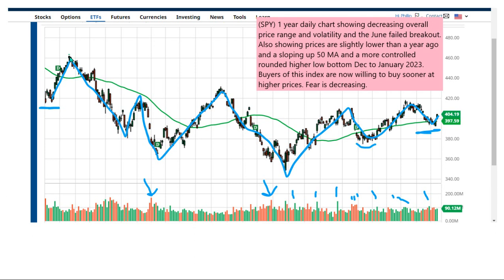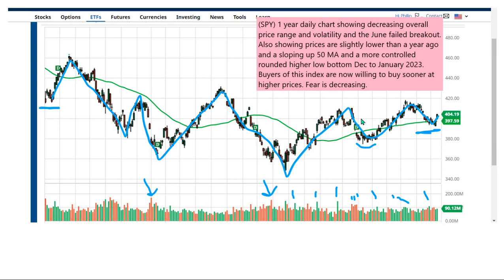This looked really good in June last year. And then the market just tanked. This also shows prices are slightly lower than a year ago. If you go from this bar here, this price, and this line to here, prices are slightly lower than they were a year ago. And now this moving average line, which is the 50-period moving average, is starting to slope up.